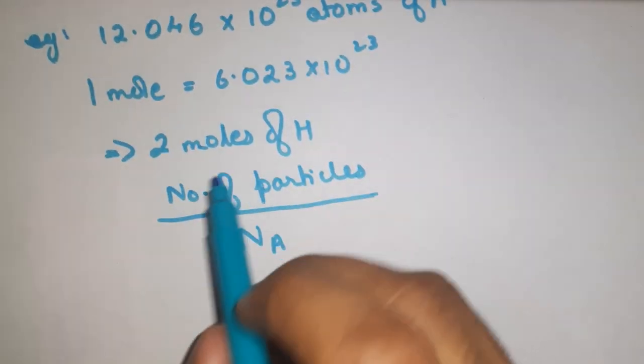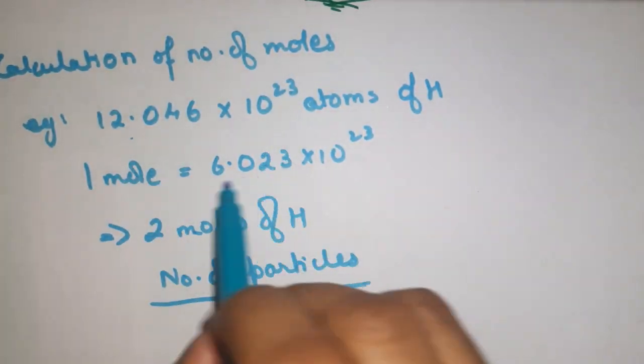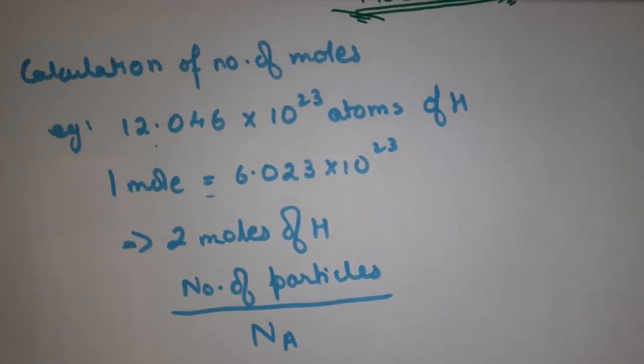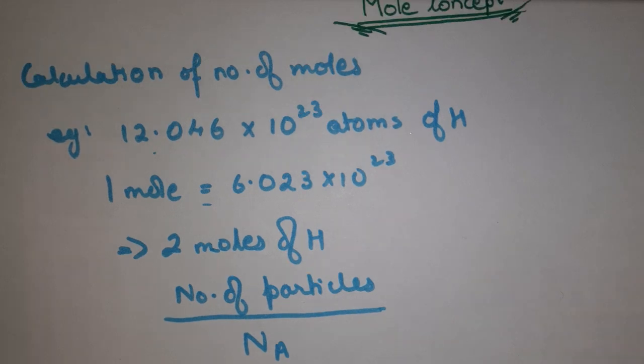Anyways, so 2 moles. What you did here was divide this number with this number, right? Instead of just directly remembering a formula, we have to fundamentally understand what's going on here.